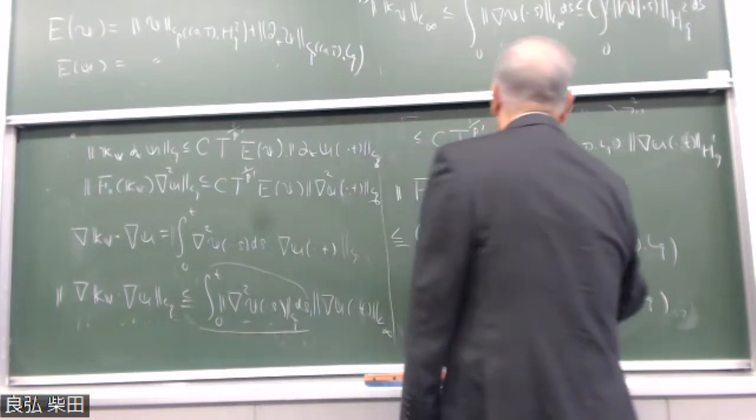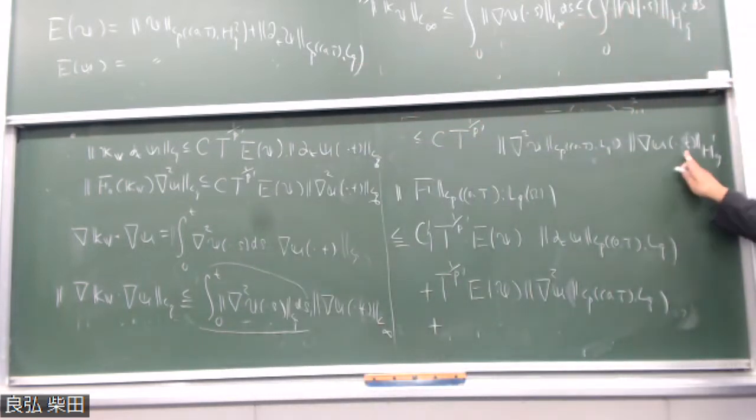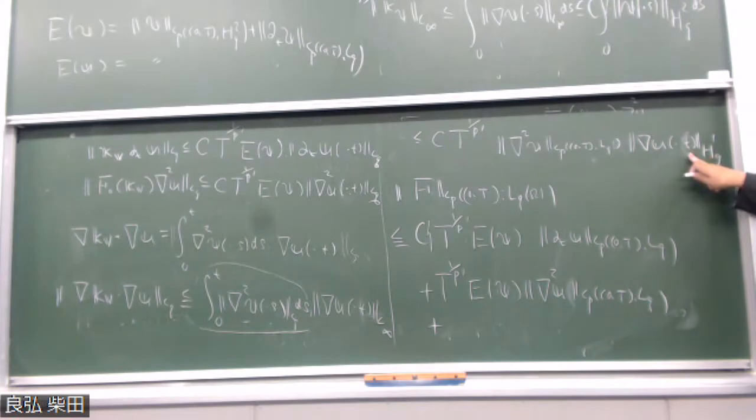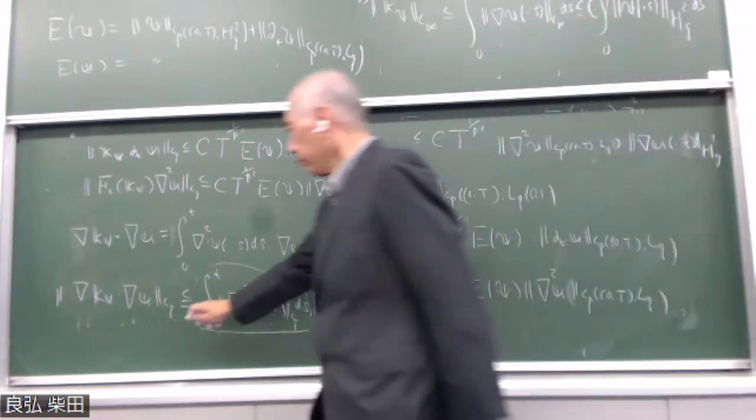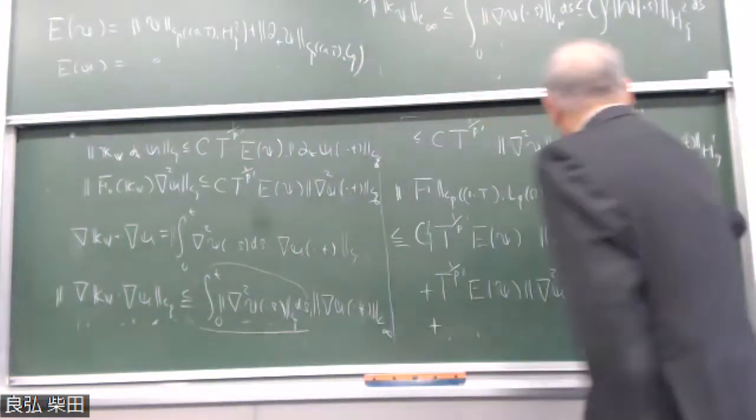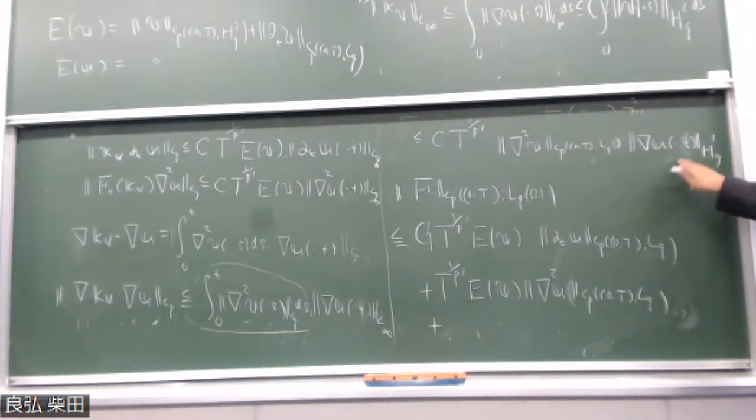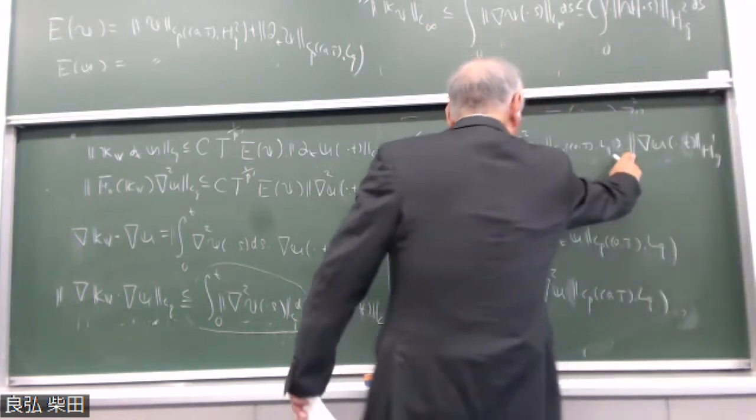And then thirdly, you have the third term, which is this one. This is estimated by this, and the time variables are here. Then you can take the LP norm with this one.